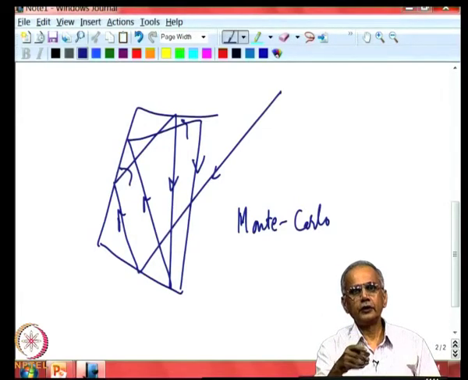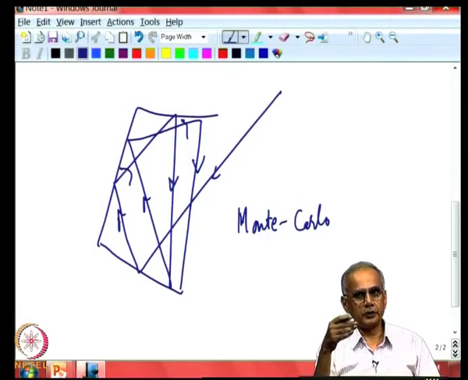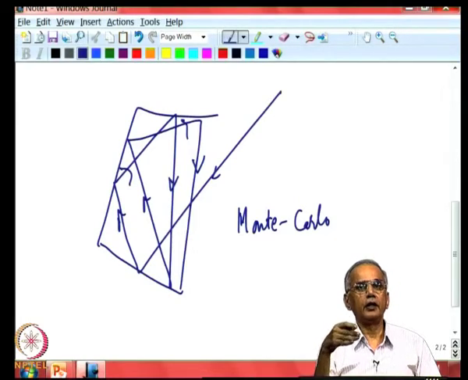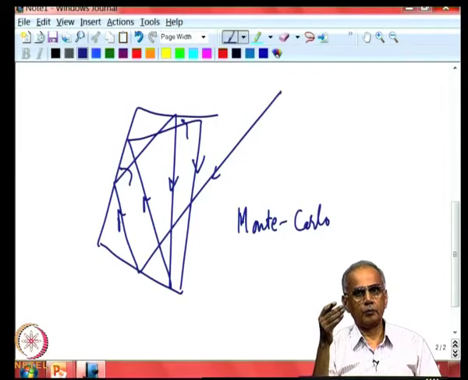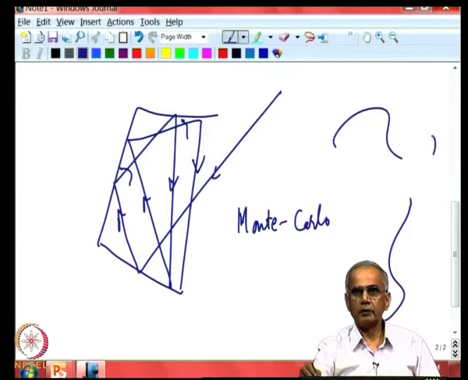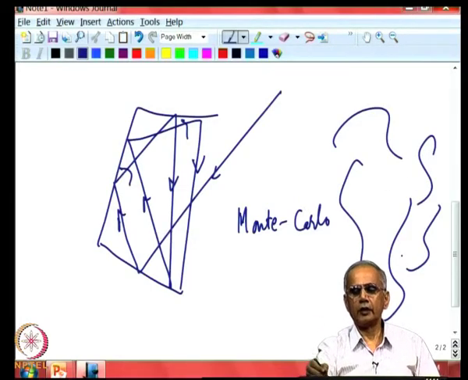But there is nothing to teach there, you just take the software and run it and it will give you the answer. So, we will not spend too much time in this course talking about Monte Carlo, but Monte Carlo is a very popular method because it can deal with any complexity. You can do Monte Carlo simulation for a non-gray enclosure with many specular reflecting surfaces with complex geometry. Suppose the geometry is very complicated, then also you can do it, as long as you know the geometry and you can do the ray tracing.